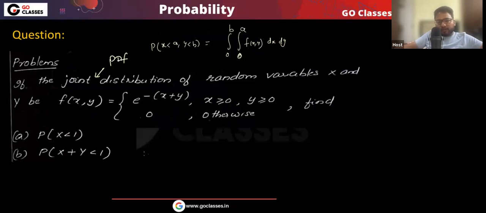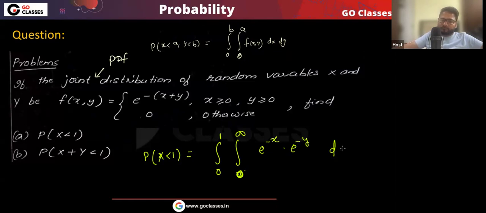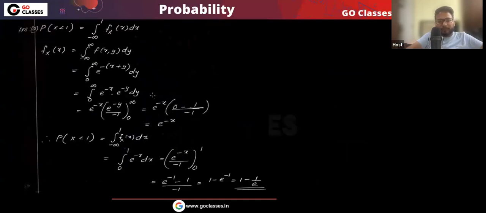Can you calculate what answer you are getting? y can take any value and x will be 0 to 1 only. You can solve this. Let's see the answer that we are getting.